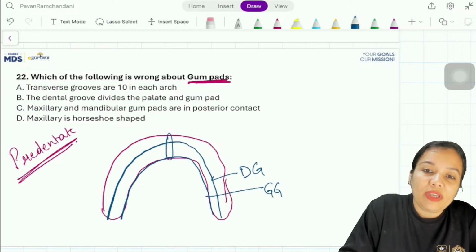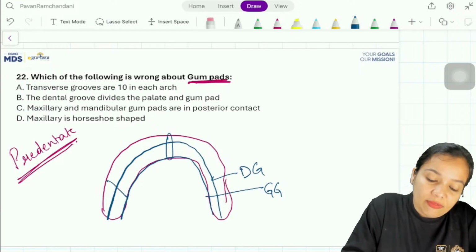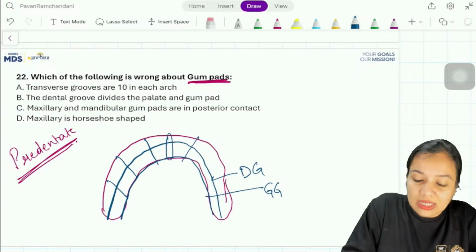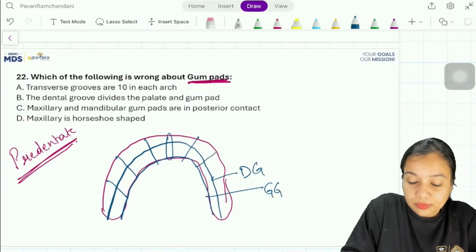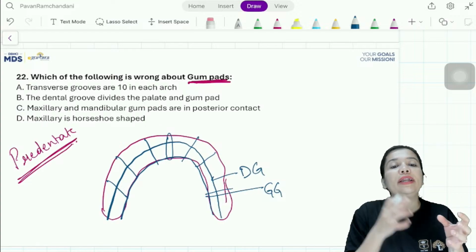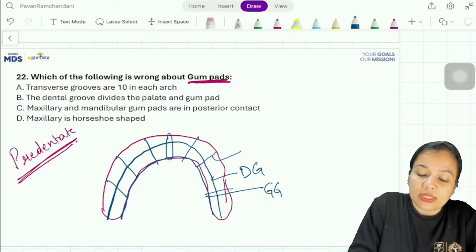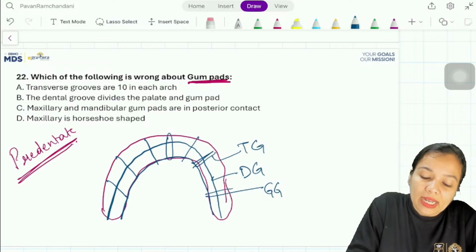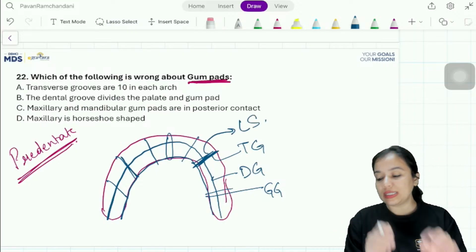Then we have the transverse grooves, which actually divide the gum pad into 10 sections for the 10 tooth buds to come. So this is the transverse groove, and in the canine area the transverse grooves are called the lateral sulcus. So this is the gum pad.